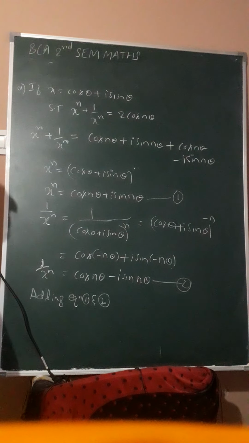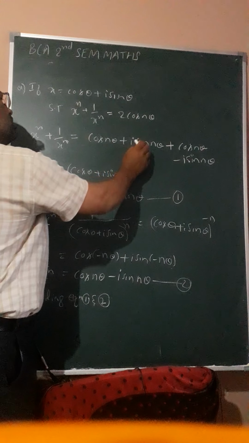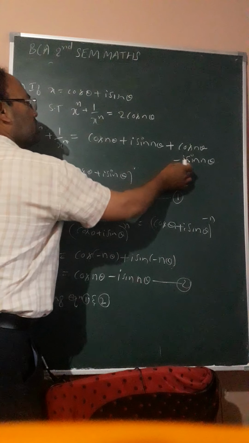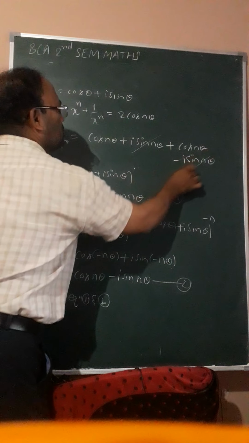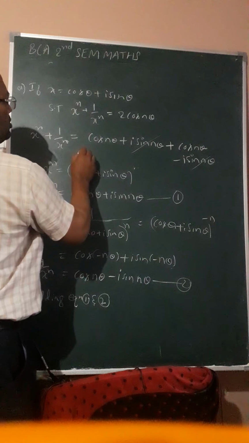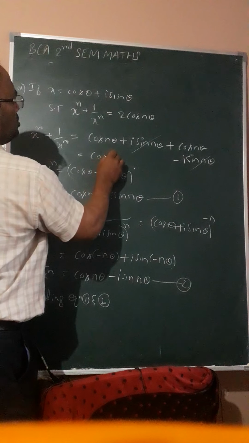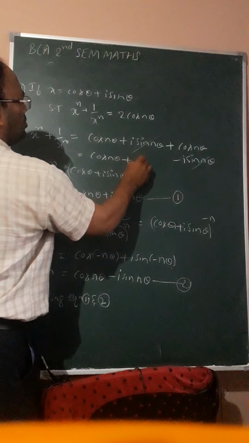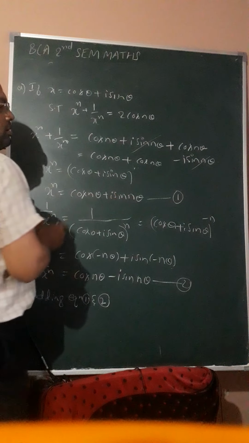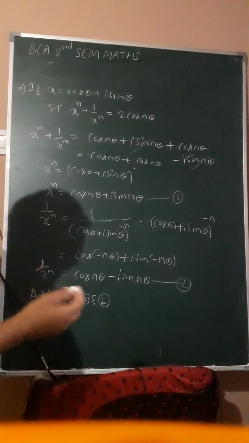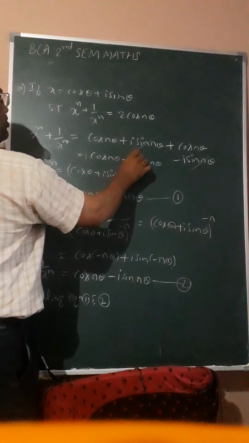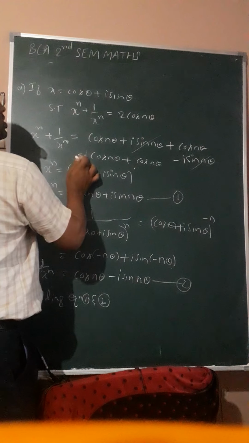Now you can observe plus i sin n theta and minus i sin n theta both cancel. What will rest? Cos n theta plus cos n theta, that is 2 cos n theta.